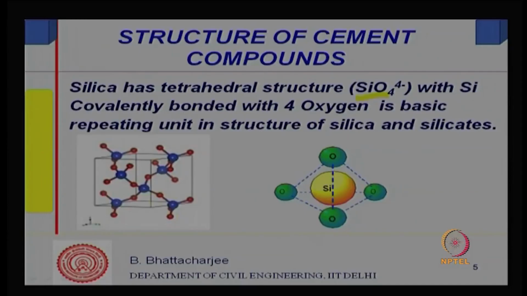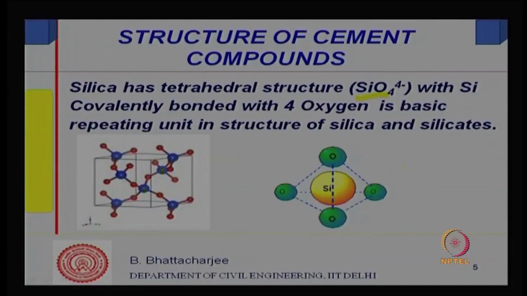The structure of silica therefore is something like this. The blue one is the silicon, with the red ones the oxygen. Here of course, the yellow one is the silicon and these 4 are the oxygen. So, you can see that they repeat themselves, and each oxygen is combined with 2 silicon. There is one silicon here, another silicon here. This process repeats itself, and therefore, for one silicon, half of each oxygen is connected to it and half is connected to another silicon.